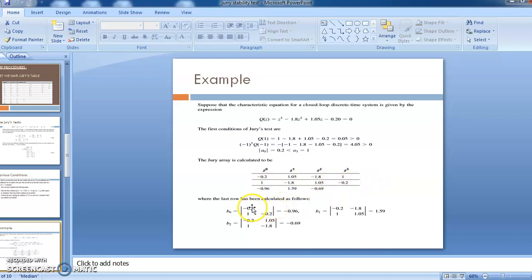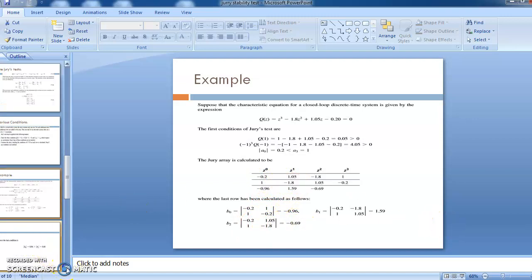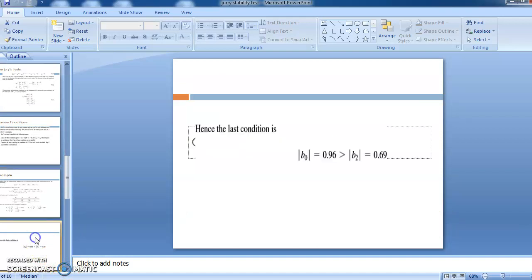By using this, minus 0.2 into minus 0.2 plus 0.4 minus 1, right? So this will be minus 0.96. Similarly, B1 is equal to, first row will remain as such, and second will be these elements, fine. Similarly, B2 will be these elements, first and second. So you may calculate these elements, and then apply the remaining conditions.